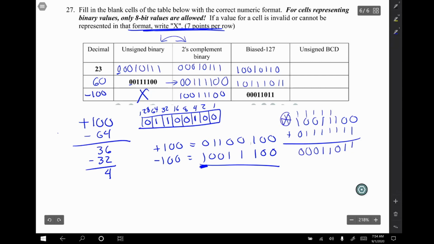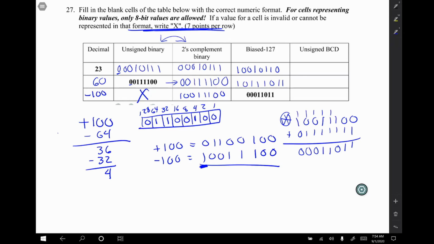That 1 gets discarded because it's sign adjustment. That equals that. And we have the correct value. We see that we've made the full circle, and we must not have made a mistake because it worked out to wrap back around to bias 127.